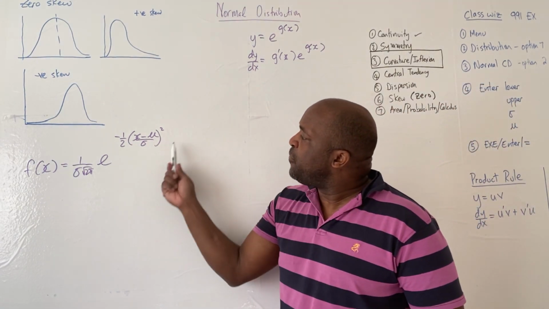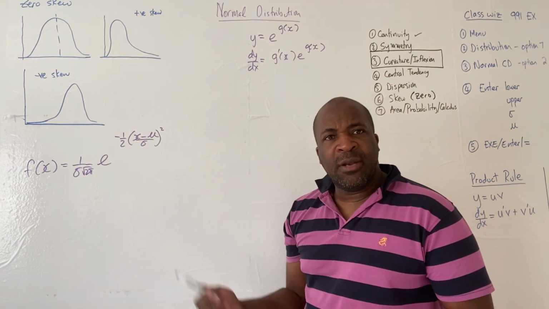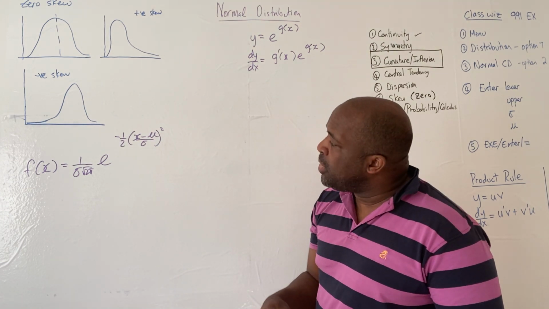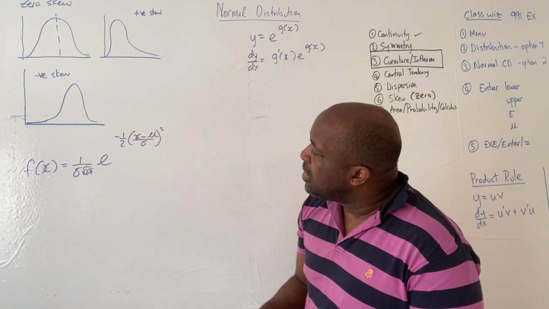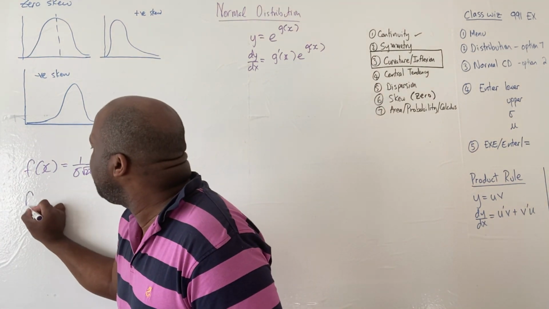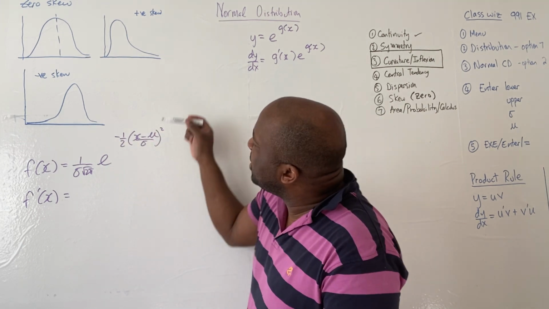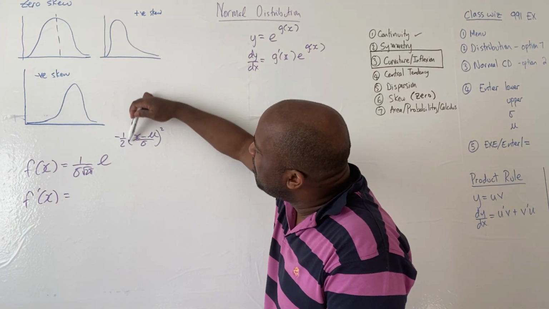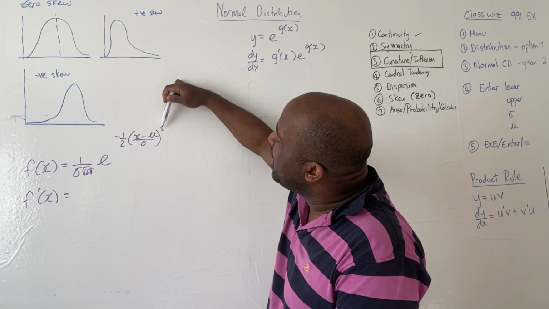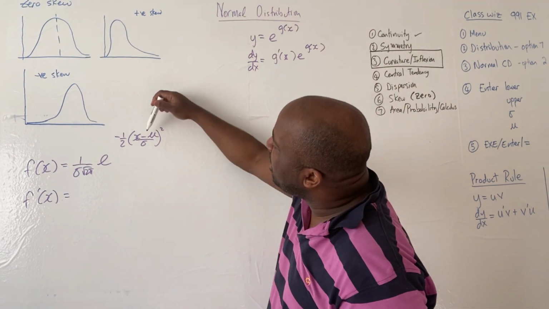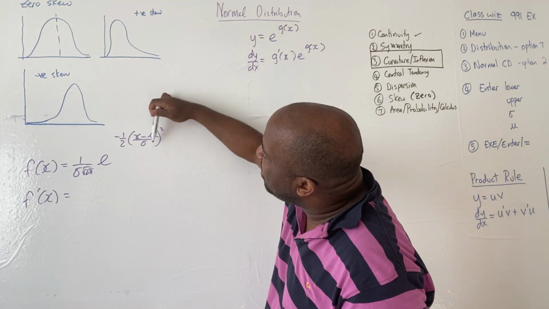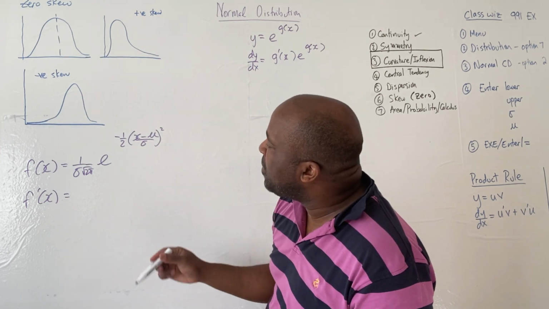We can differentiate the power using the chain rule, and when we do, we get f dash x equal to the derivative of this. We multiply minus a half by 2, so that's the differentiation of the outside. Then we multiply by the differentiation of the inside, which is 1 over sigma.